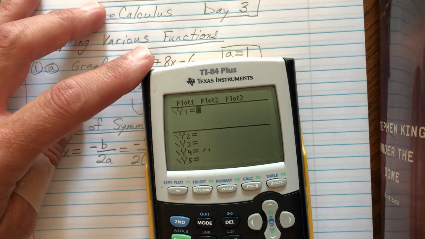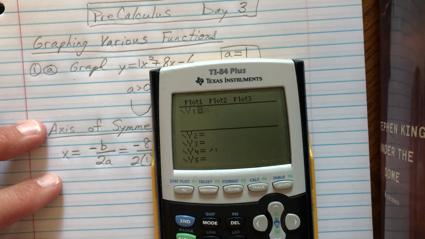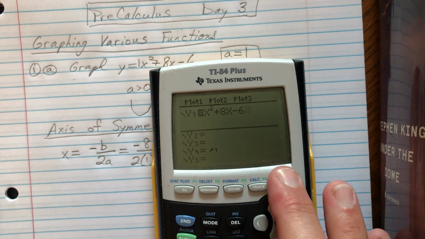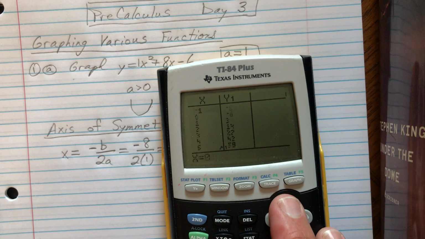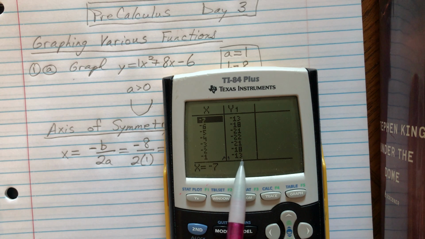So if I type into the calculator y equals x squared plus 8x minus 6, and look at the table and put negative 4 in the middle of my table, what I should see is these opposite behaviors. See how the negative 13 matches up, negative 18 matches up, and so on. And then you just graph those points.